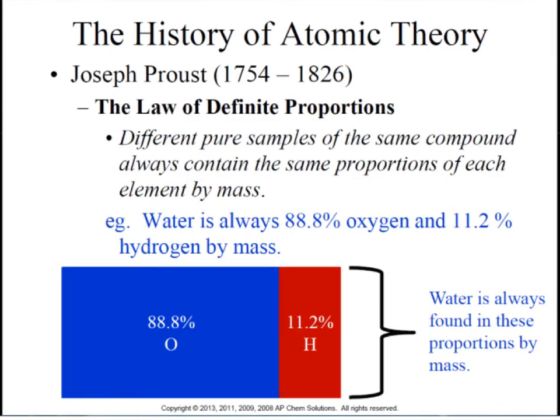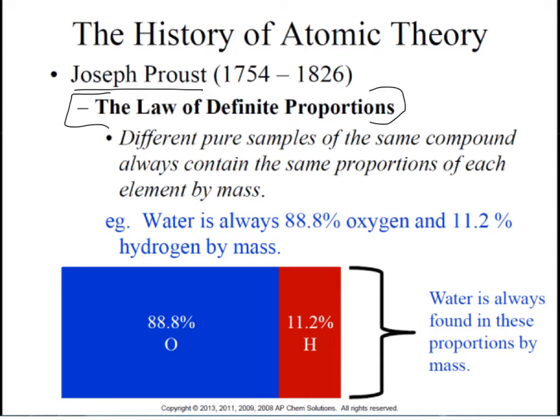Then soon after Antoine Lavoisier's law of conservation of mass came along Joseph Proust, just a few years after Lavoisier, and he came up with the law of definite proportions. Through his research with different compounds, he found that pure samples of the same compound always had the same percentage of mass of each element.